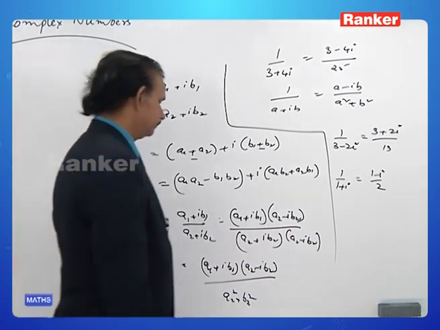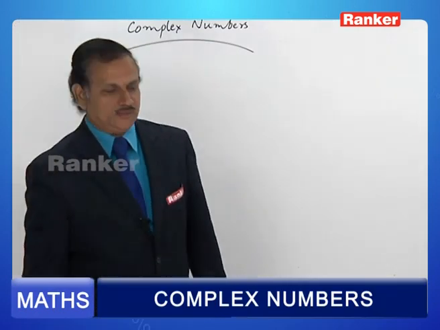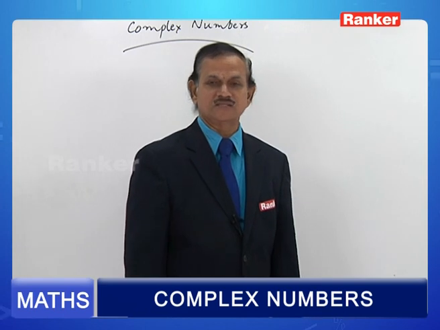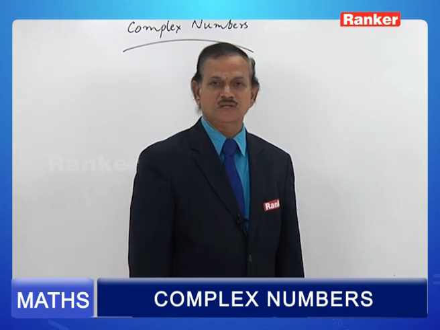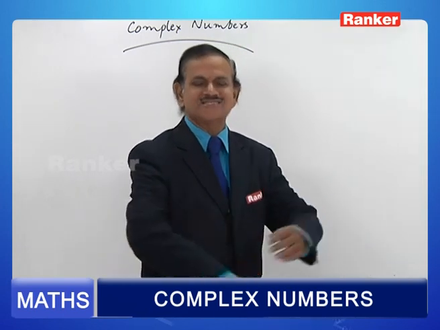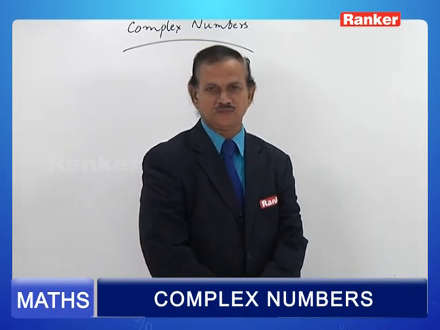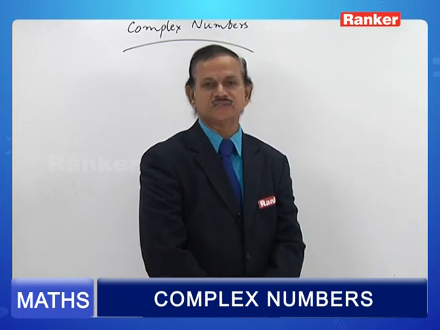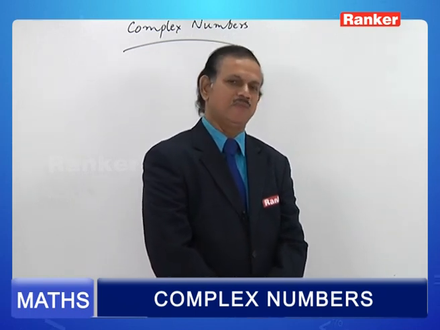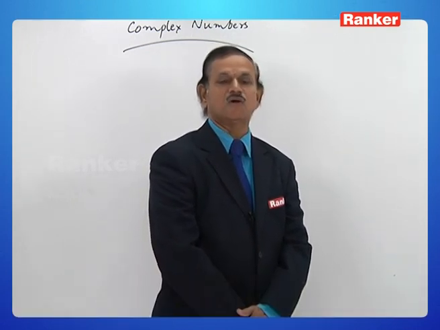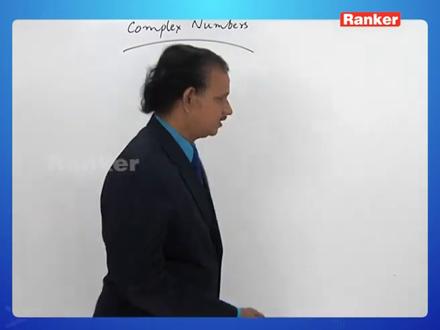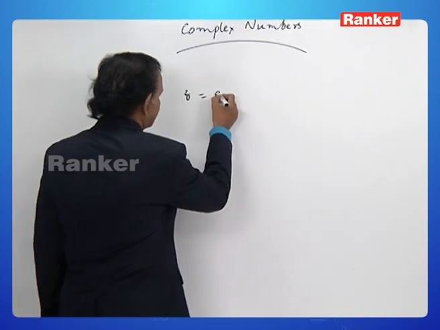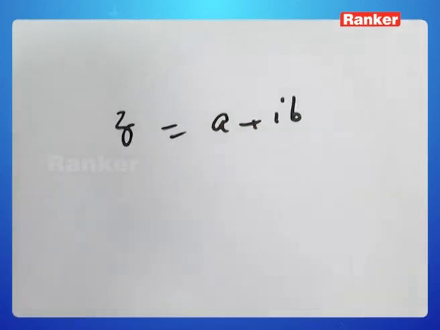Next one. The geometric applications of complex numbers play a vital role in the study of complex numbers. Yes, it has great importance. Let us start from the beginning about the so-called geometrical applications. Suppose z is equal to a plus ib is a complex number.